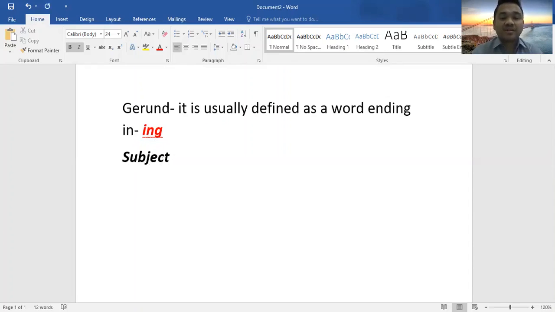Gerund could be a subject, it could be an object of a sentence, or it can be an object of a preposition.